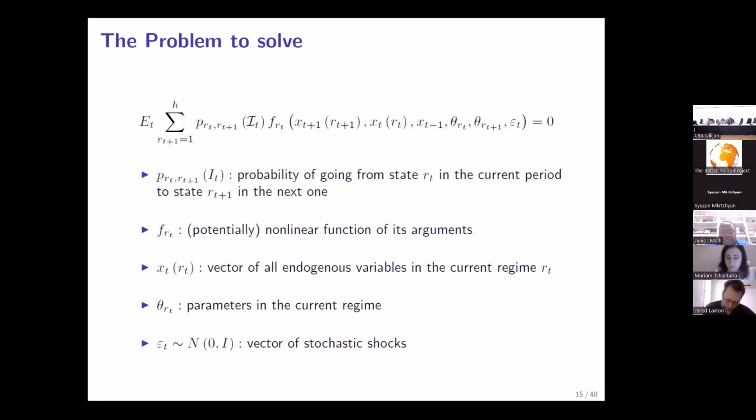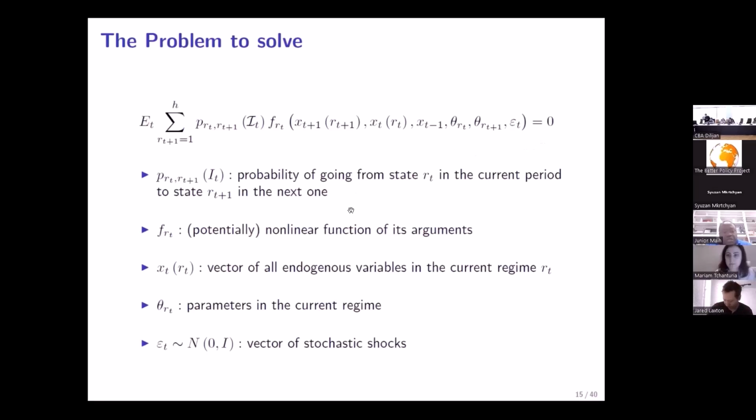X_{t-1} is the path that's given. Theta is the vector of parameters, and it is indexed with R_t, as you can see. That means that those parameters are potentially switching. Epsilon_t is the vector of stochastic shocks. E_t, capital E_t, is the expectations operator.